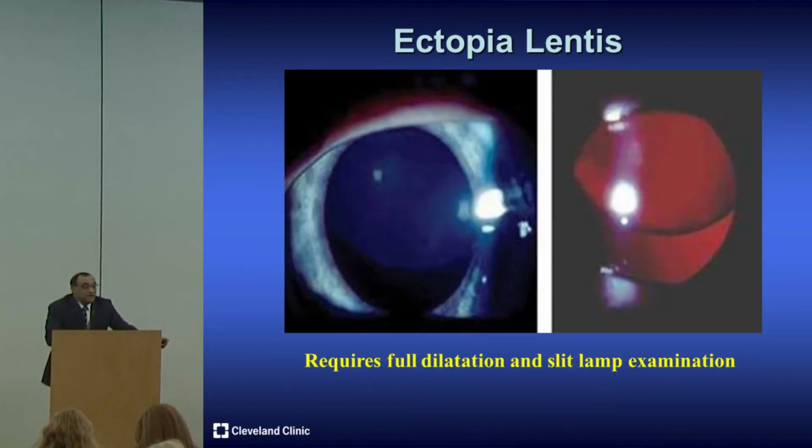Some of the other things, some of you may have these: ectopia lentis, where there's lens dislocation. It is crucial, and you'll be hearing from our ophthalmology colleague today, to have a full lens assessment, including a slit lamp exam, not just the Walmart optometrist who takes a look at you. No, you need a full-fledged assessment.